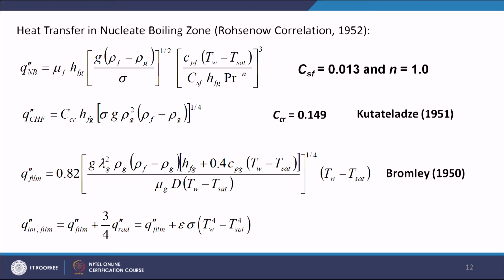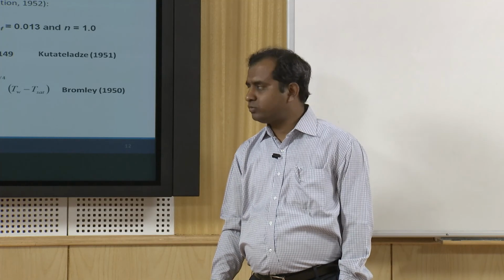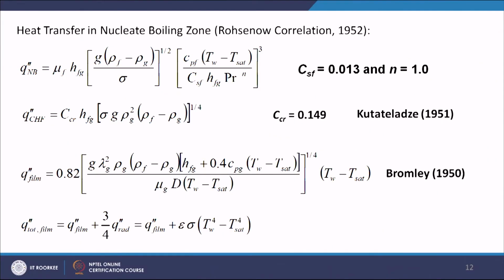Other properties are fluid properties, which you can find for the specific fluid combination, but C_SF and N are the two empirical constants, and Rohsenow has given values for a wide variety of fluids. For water, one can use C_SF equals 0.013 and N equals 1.